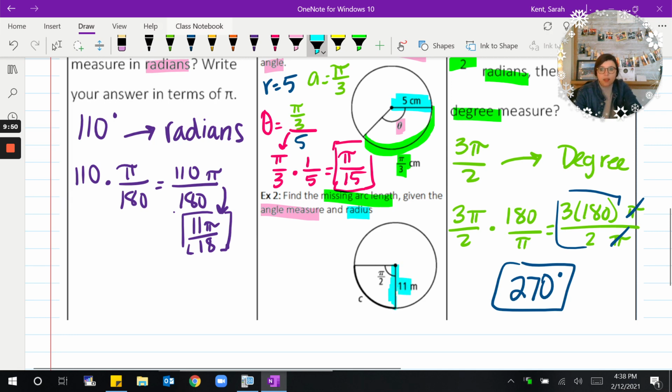So here it's 11. Our angle measure is in the middle, pi over 2. And then we're looking for our arc. We are looking for this piece right here.